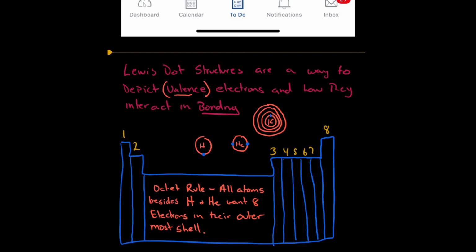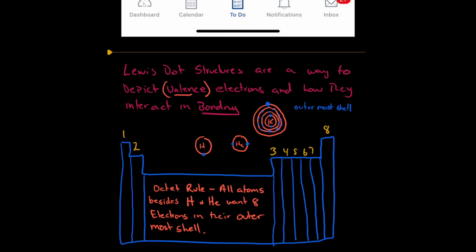The first shell holds 2, and every other shell after that holds 8. But if you come down to the final valence shell, the outermost shell, potassium has 1 valence electron because it's in group 1. So that is what we mean by valence electrons: those electrons in the outermost shell.